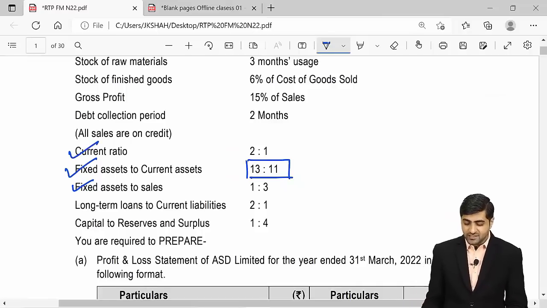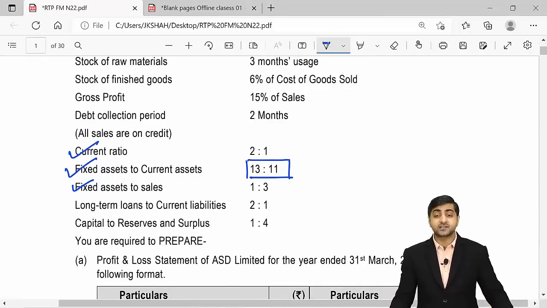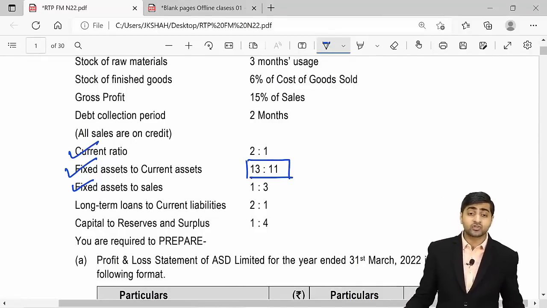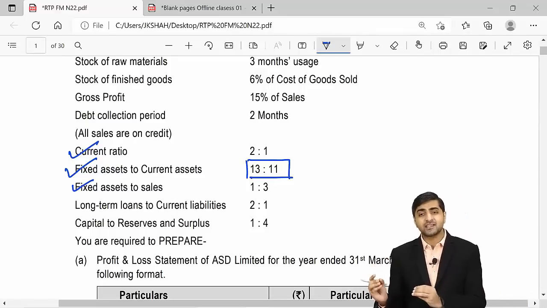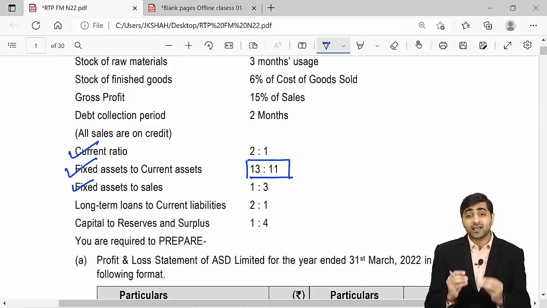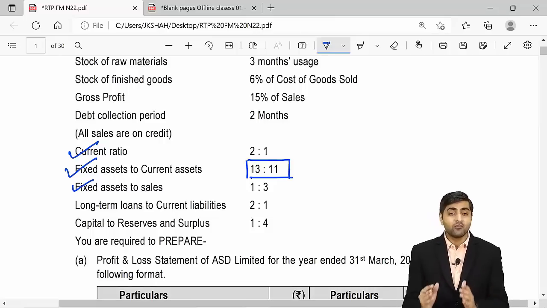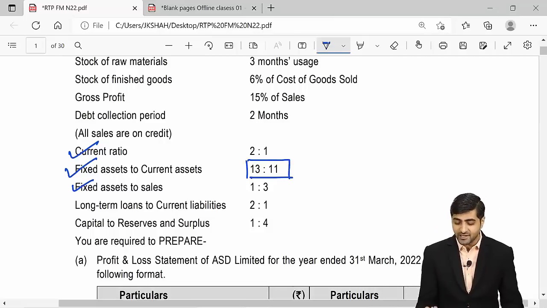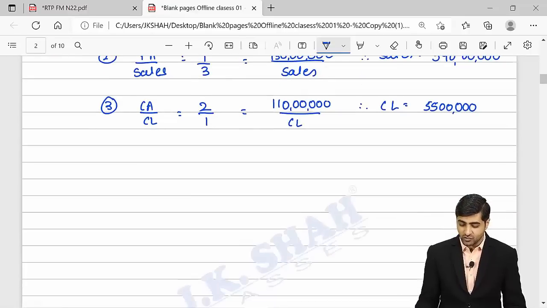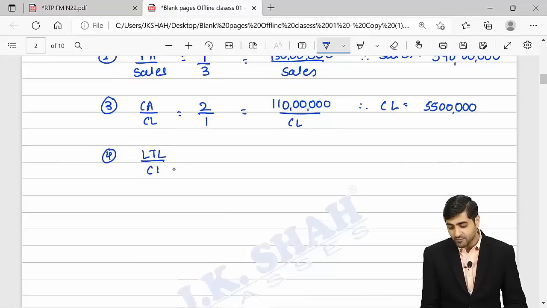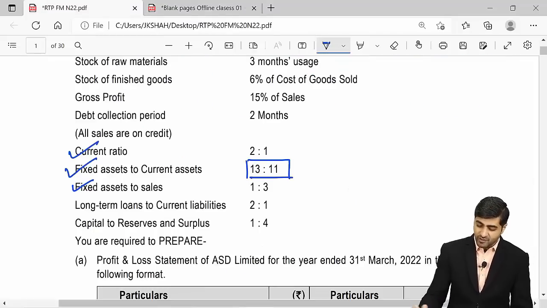So guys, your first, second and third ratio you have taken into consideration. Now you can also use this long-term loans to current liabilities. So as and when one single figure is available, your correct approach will help you to calculate your multiple answers. Now we have long-term loans to current liabilities, and I can definitely use that particular ratio. So your fourth working note, long-term loans to current liabilities, and the ratio available is 2:1.